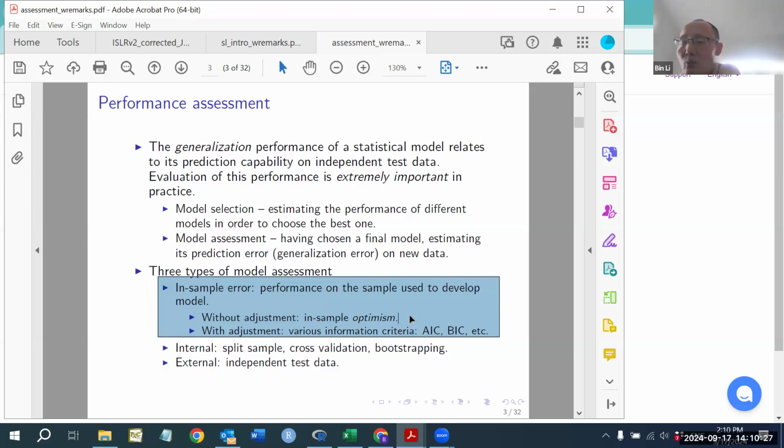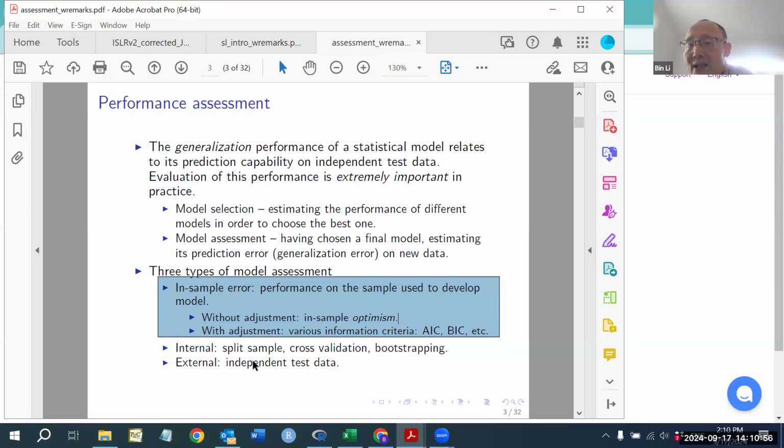there are some cases where we have a small data set. Let's say you have 50 observations and a few variables. It's very difficult to use the internal approach or external approach because you already have a very limited amount of information. You cannot bear further splitting the data set into training and test.